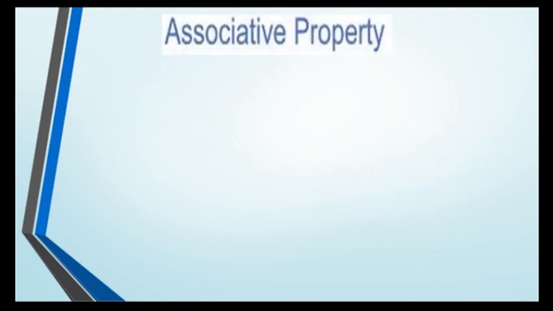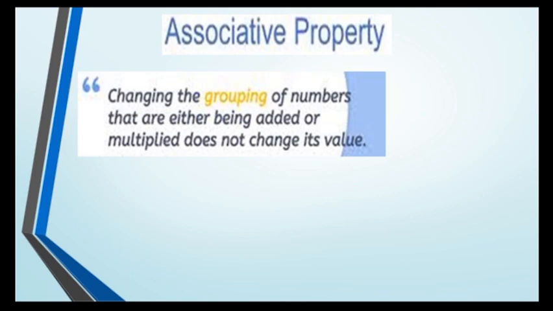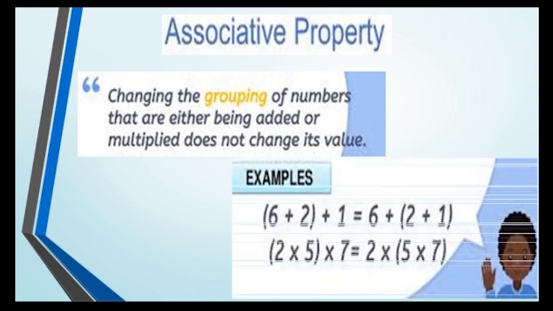Next is associative property. In associative property we are making a grouping of numbers. Changing the grouping of numbers that are either being added or multiplied doesn't change its value. Look at the example here. Here integers are given.